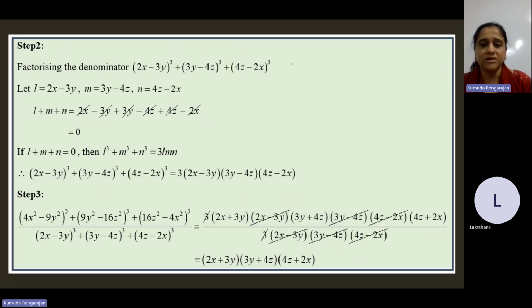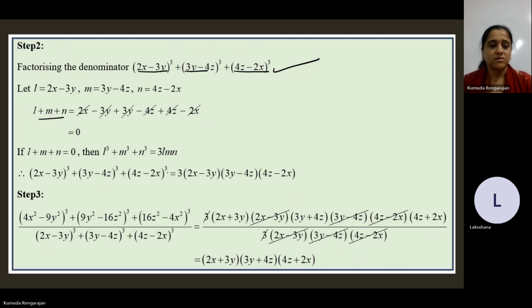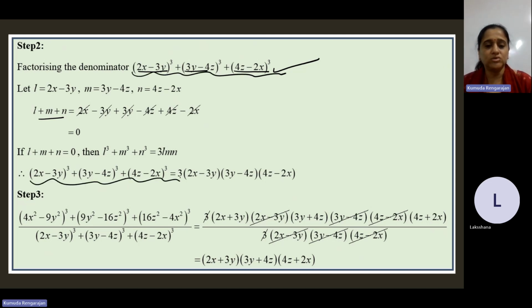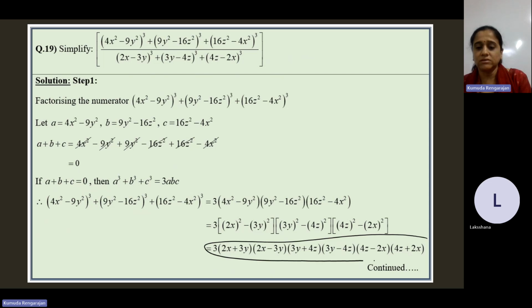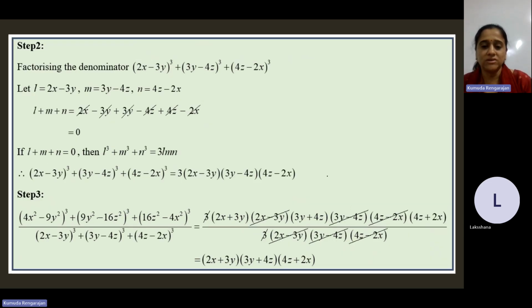Factorizing the denominator. This is the denominator. So let this be L, this one be M, and this one be N. So find L plus M plus N. It's 0. So L cubed plus M cubed plus N cubed is equal to 3LMN. So this one is equal to 3 into L into M into N. Now in step 3, numerator by denominator is the numerator answer divided by the denominator answer.